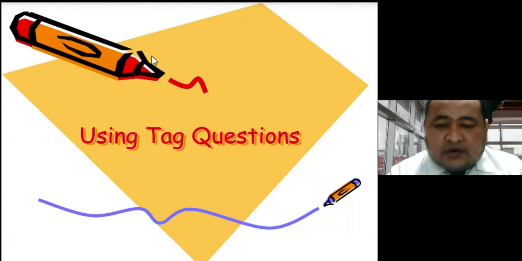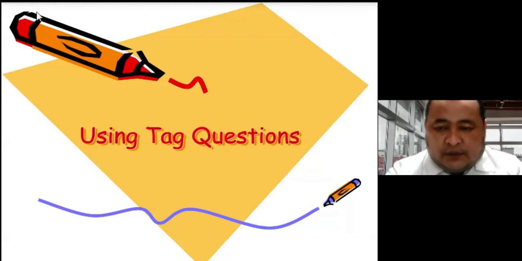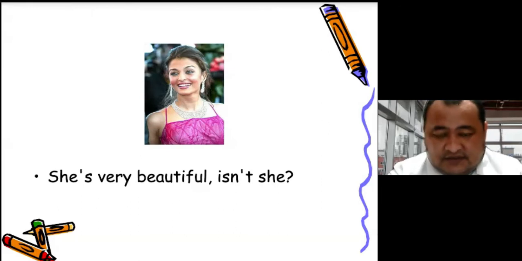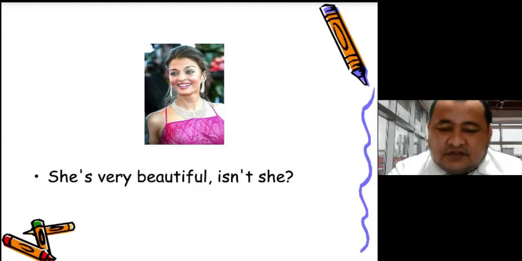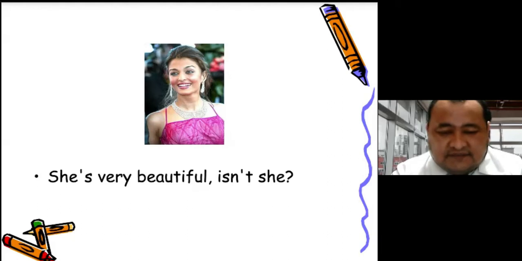Okay, so we are going to see using tag questions. This is an example of a tag question. Look at the picture. She's a beautiful lady. She's very beautiful, isn't she?